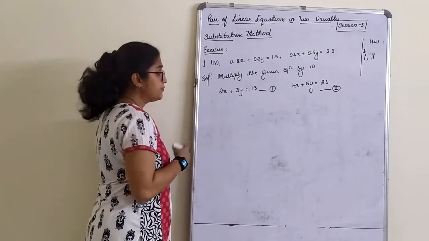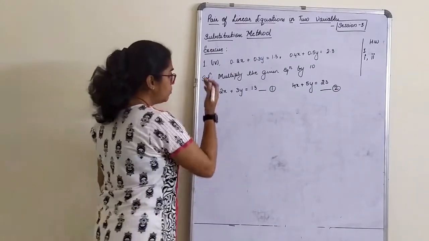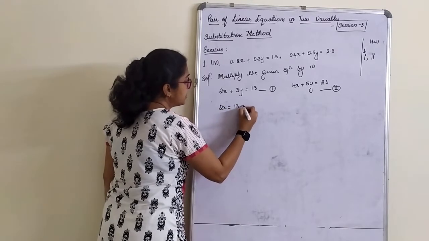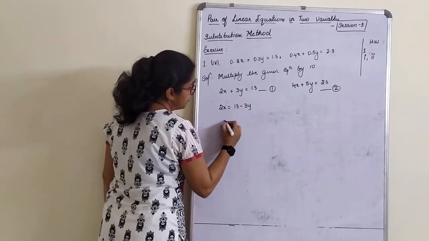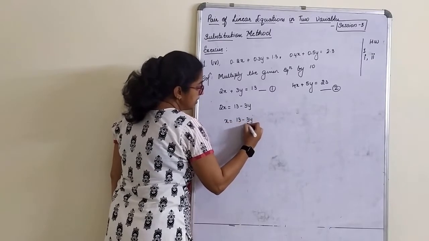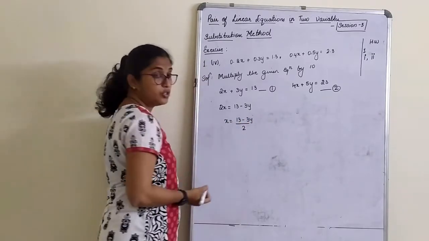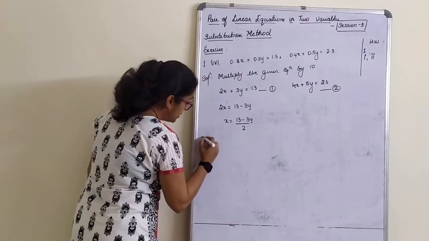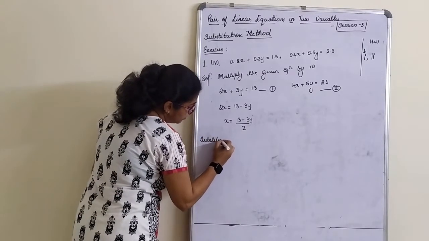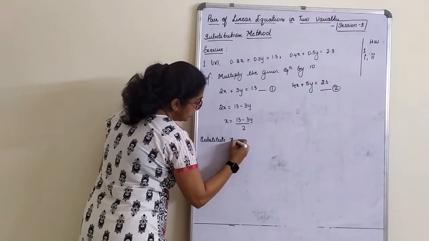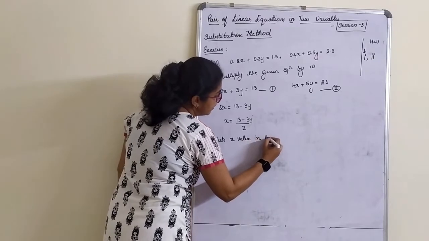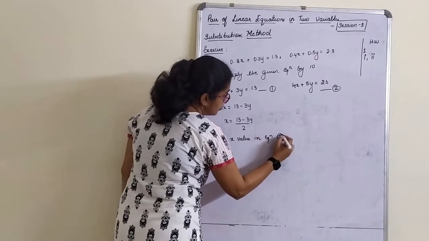We'll start with this, either x or y, we'll start with this here. 2x is equal to 13 minus 3y, therefore x is equal to 13 minus 3y divided by 2, right? Substitute the x value in equation 2.